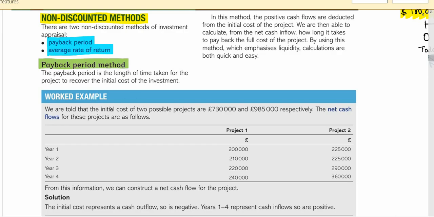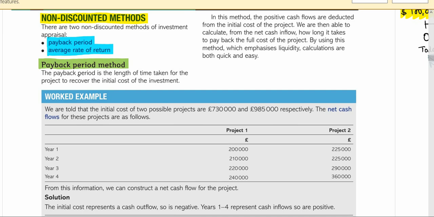So payback period, what does it mean? It means in how much time we may recover our full investment. Payback period means in how much time, in how many years, we may recover all my investment.